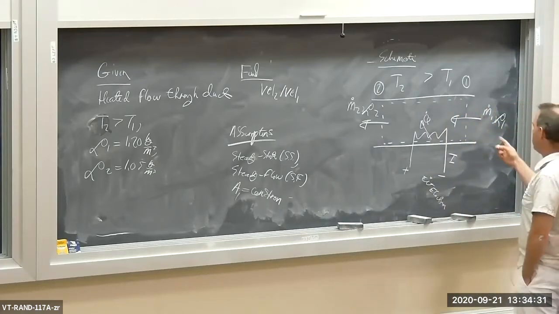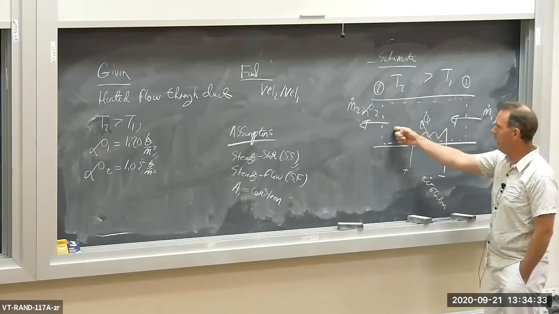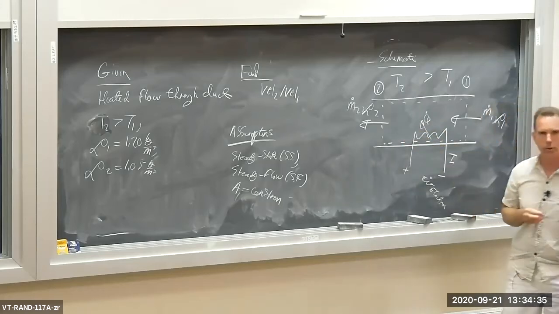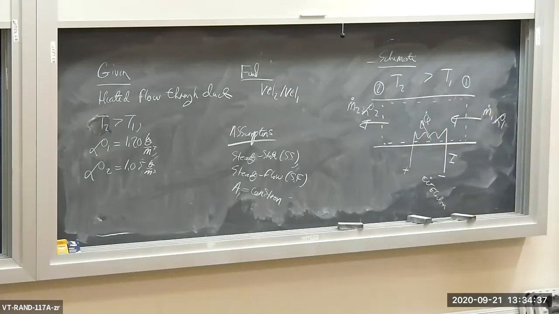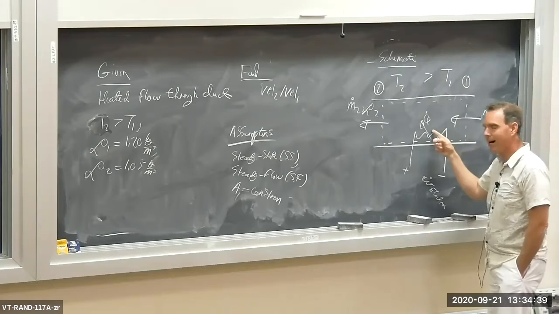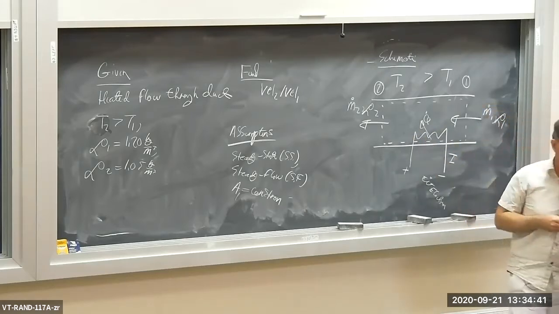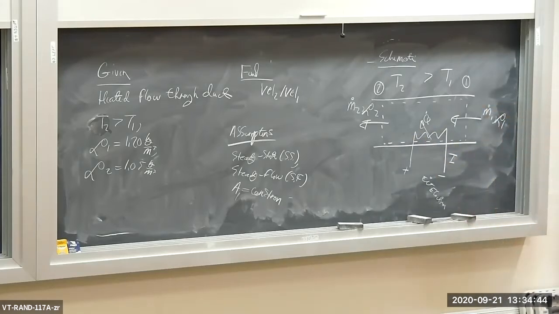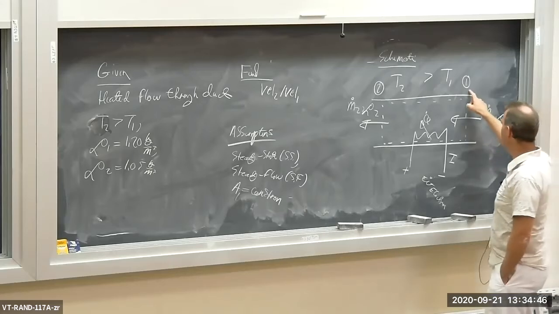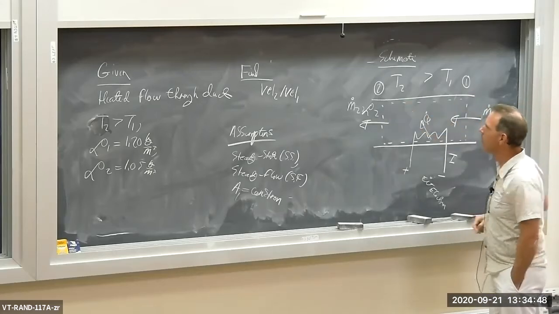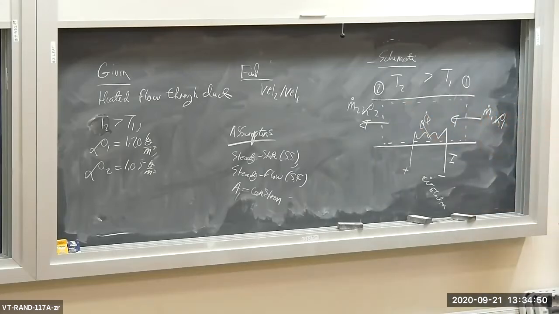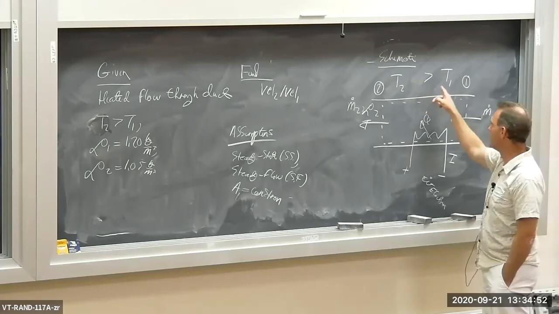The air enters on the right, passes over the heating element and flows out on the left, gets heated. So if the inlet is location 1 and the outlet is location 2, the air gets heated, so T2 is greater than T1.